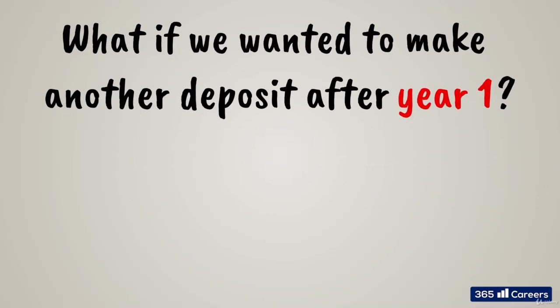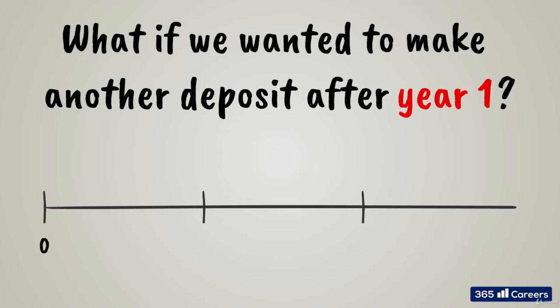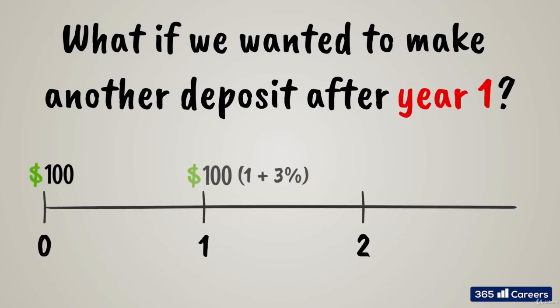What if we wanted to make another deposit after year 1 ends? We would have 100 times 1 plus 3%, which is the value at the end of year 1, and it will be deposited for another year, so at the end of year 2, we would have 1 plus 3% times 100 times 1 plus 3% equals future value at year 2.